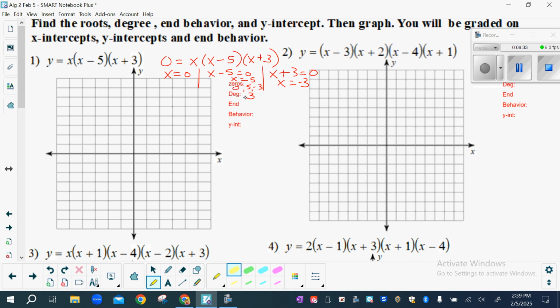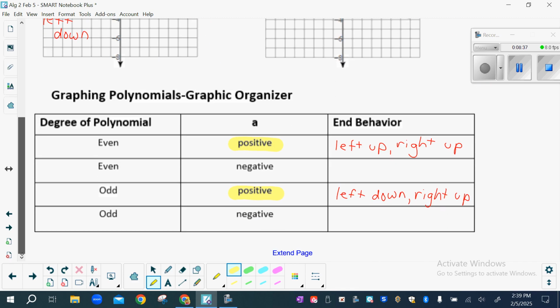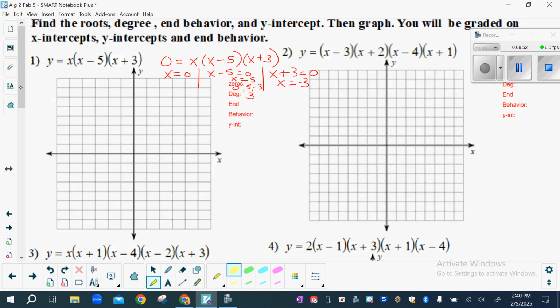So my A is positive. I'm going to go down here. I have an odd degree, 3. A is positive, so my end behavior is left down, right up. So on my problem, I'm going to write for my end behavior, left down, right up.